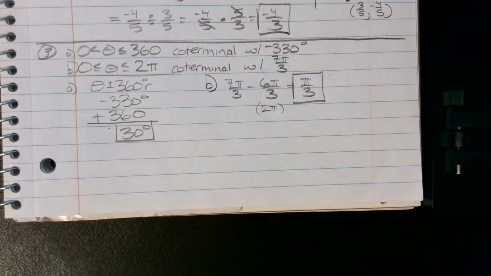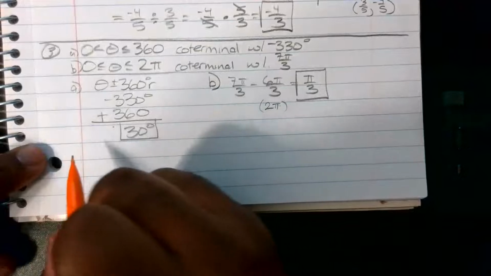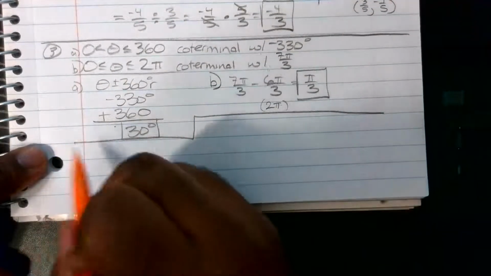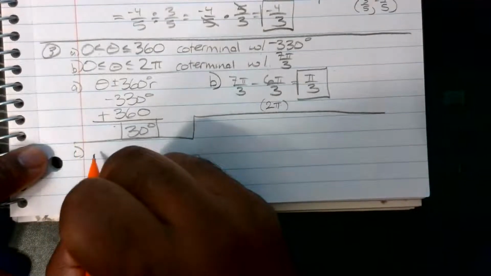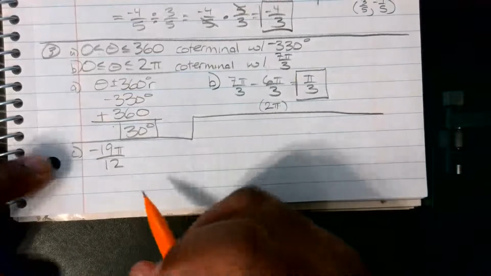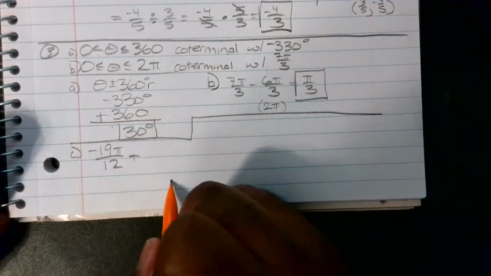Thank you. Here's the reference angle problem. Reference angle of negative 19 pi over 12. Okay. So this is less than 0, so we're going to add a full rotation.